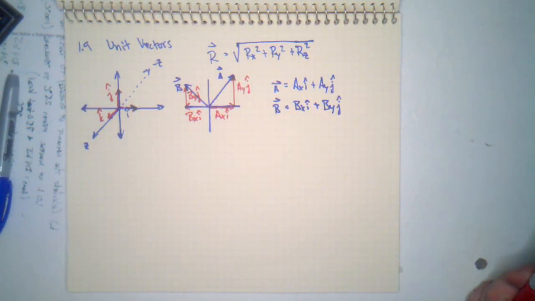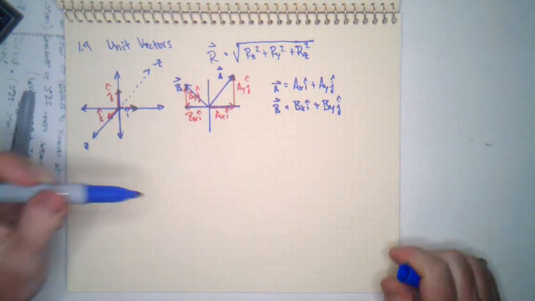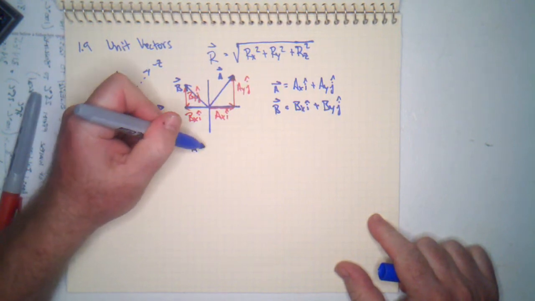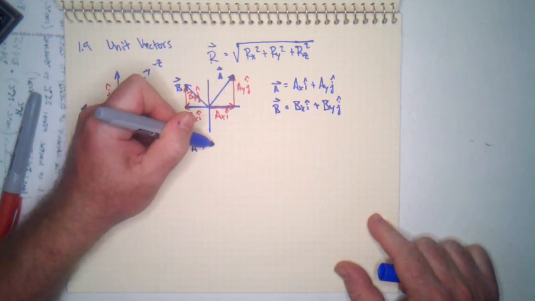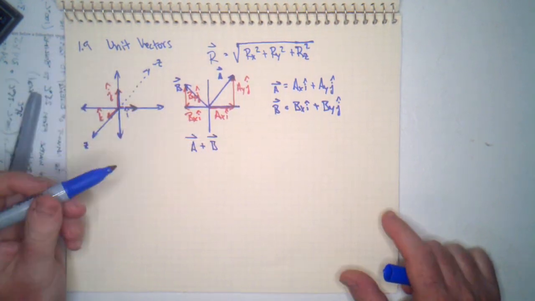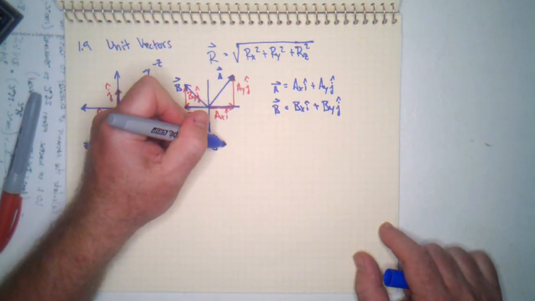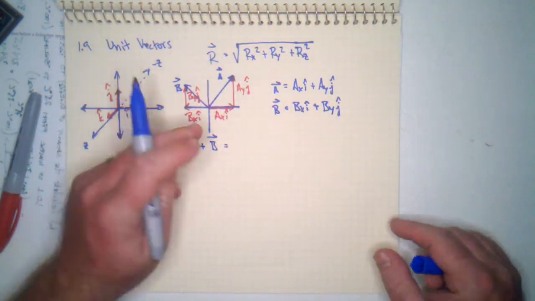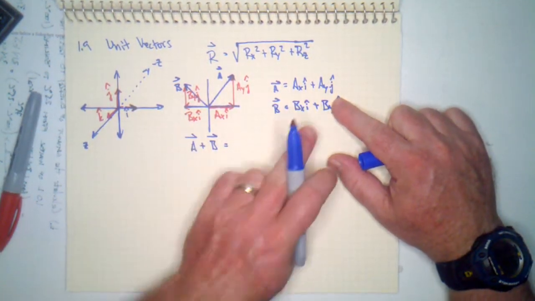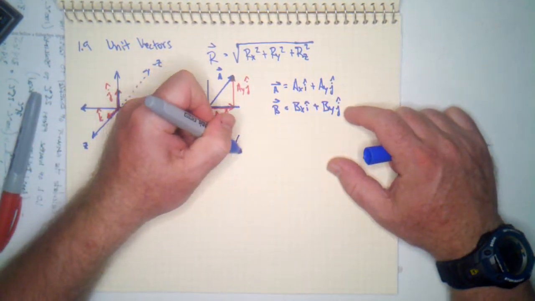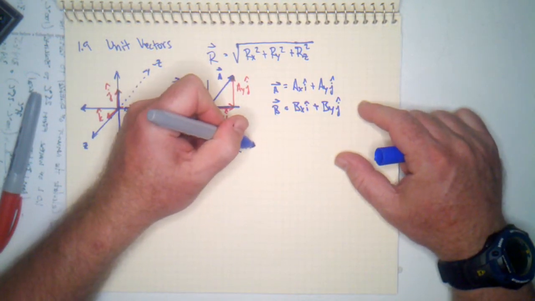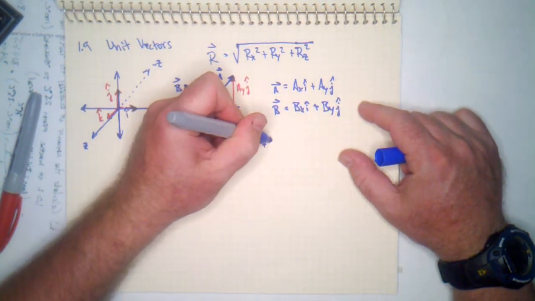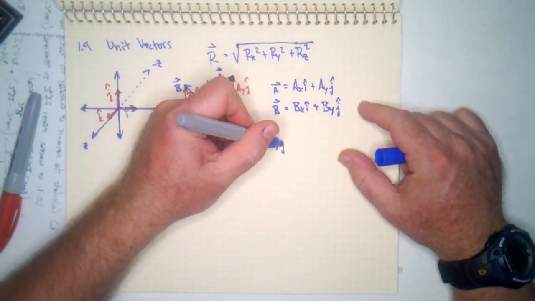So, let's say we want to add the two together. So we want to add vector A plus vector B. So it makes sense to say that vector A, since it equals Ax i hat plus Ay j hat, we can write that here: Ax i hat plus Ay j hat.